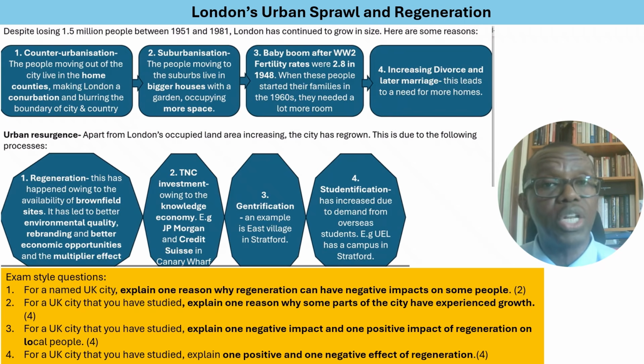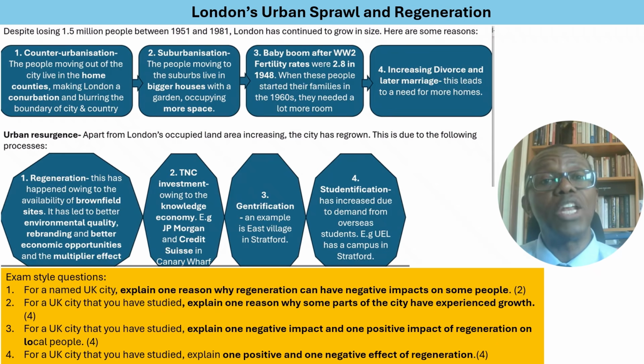And gentrification here, the example that has been given is East Village in Stratford. Now, this is in reference to the accommodation in East Village, because the Olympic Village, which housed the Olympians during the 2012 Olympics, was converted into housing.